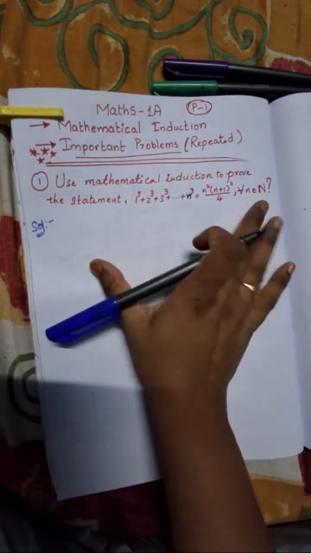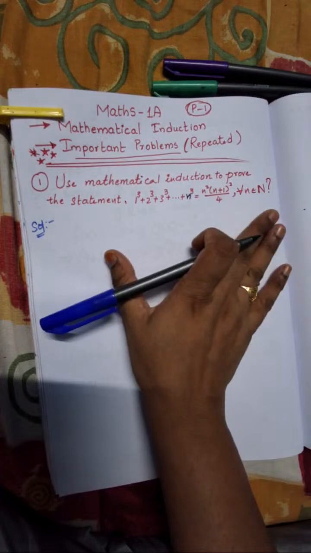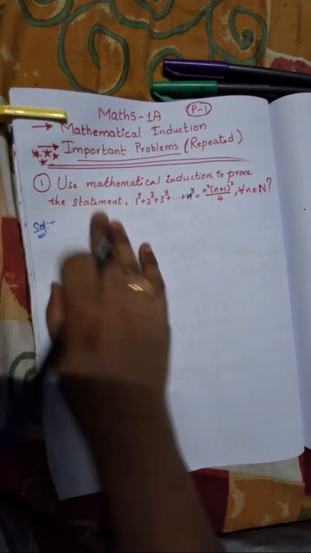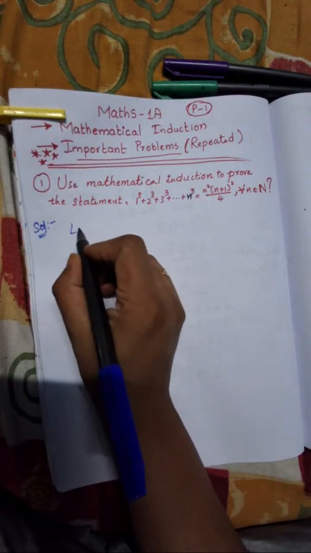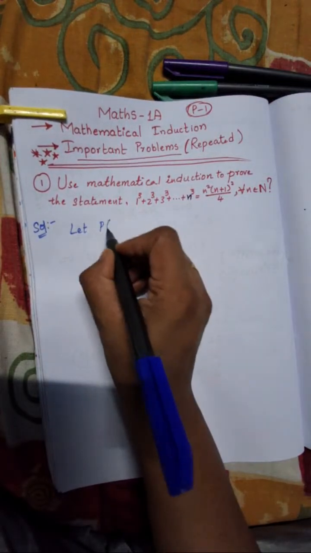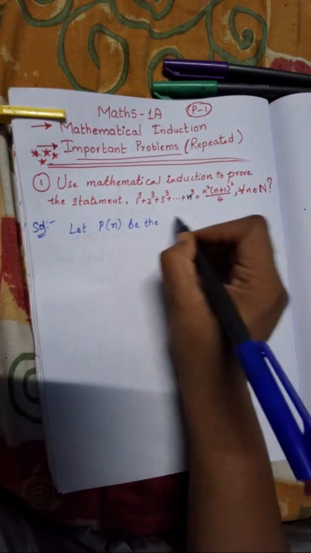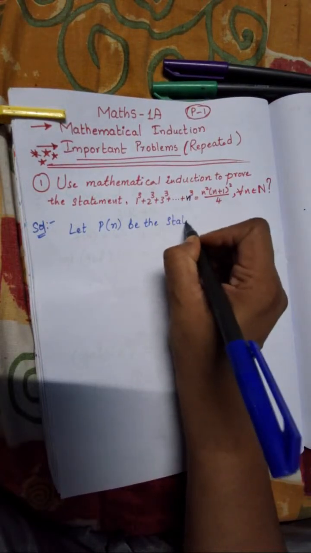Whenever this type of question is given, don't worry, we have to take very easy steps. Let us take the given statement as P of n.